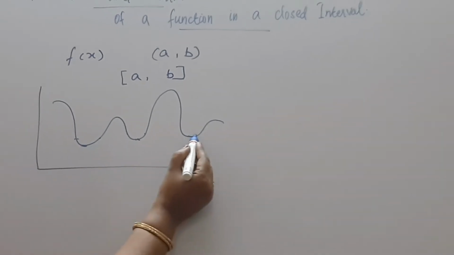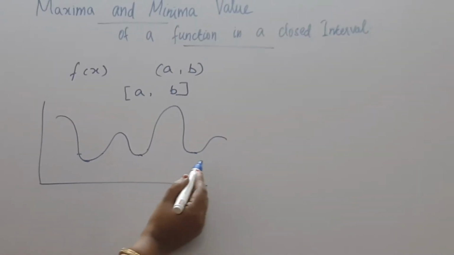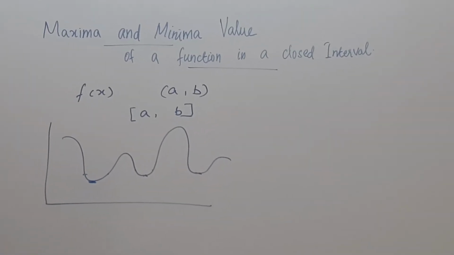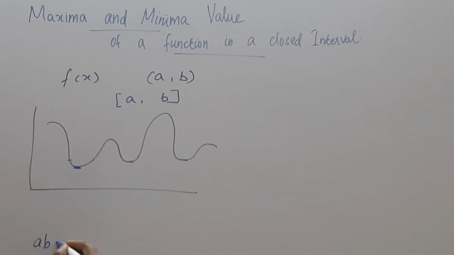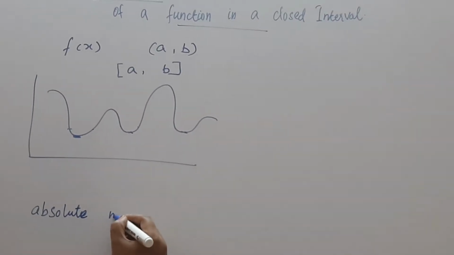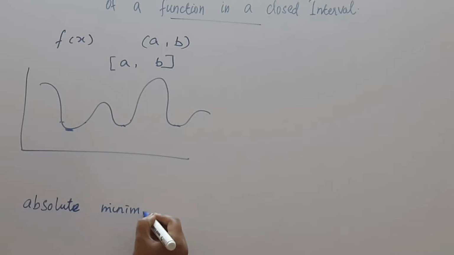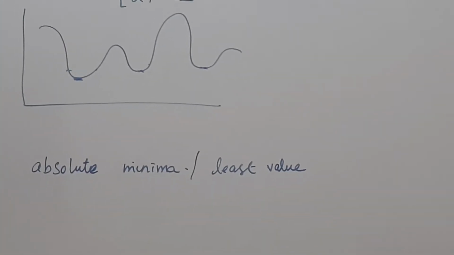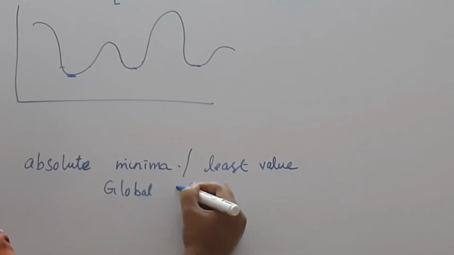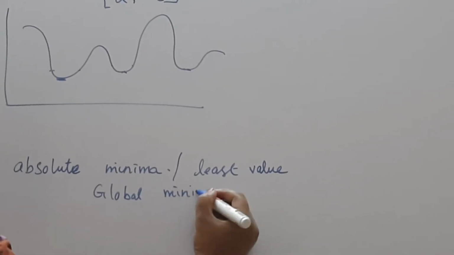Like this we may have 2 or 3 local minimum, among all of which the least value is said to be the absolute minimum. Here it is the absolute minimum, or also can be said as a global minimum. So these are the other names.